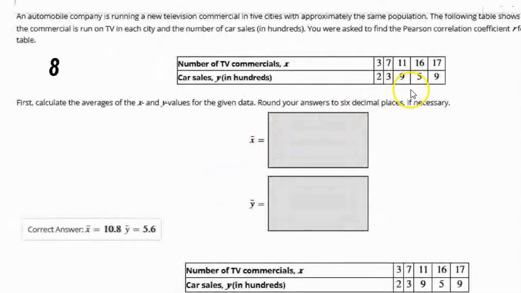I've given you the results here as the answer. Let me write it in. But you want to practice it so you can see if you can get the answer. Here it's going to be 10.8. And the Y value, Y bar, is 5.6. Now, that's step 1.